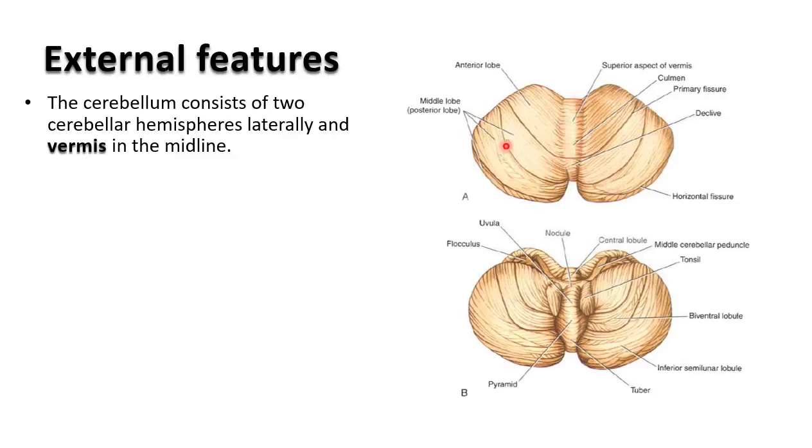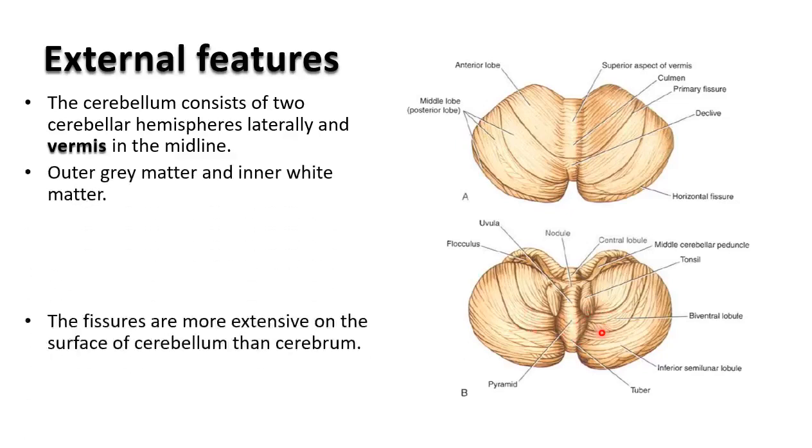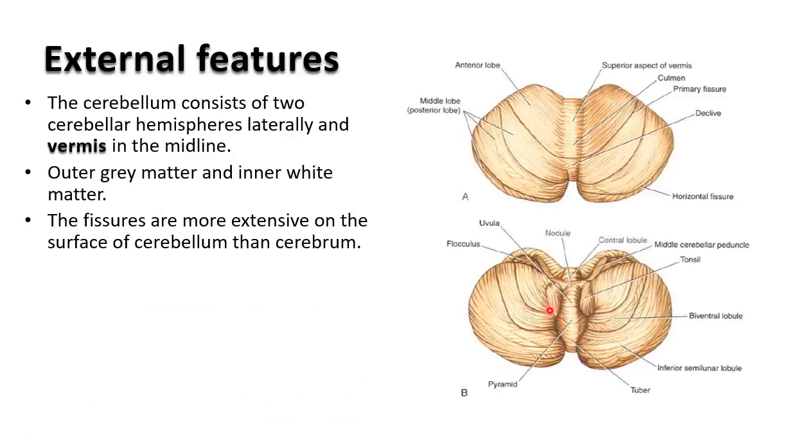The vermis on the superior surface is not very conspicuous; it lies in line with the cerebellar hemispheres. But on the inferior surface there is a depression between the two cerebellar hemispheres, which is called the vallecula, and the vermis is situated in this depression.